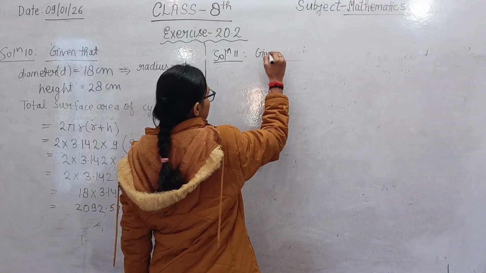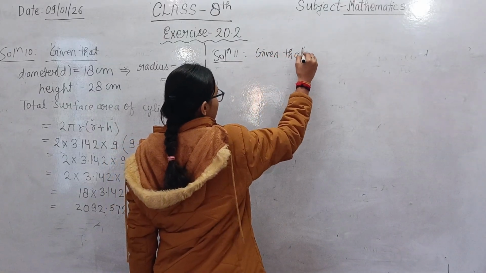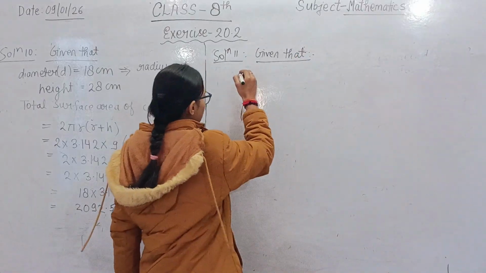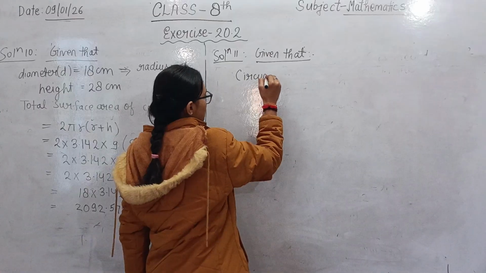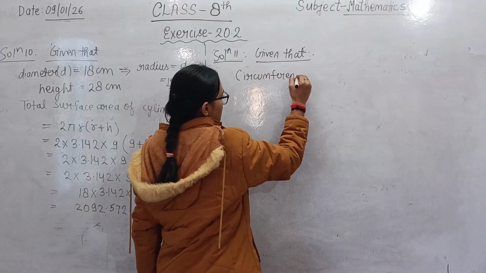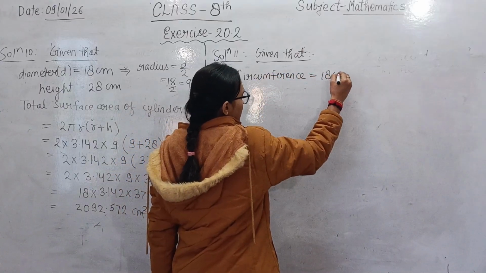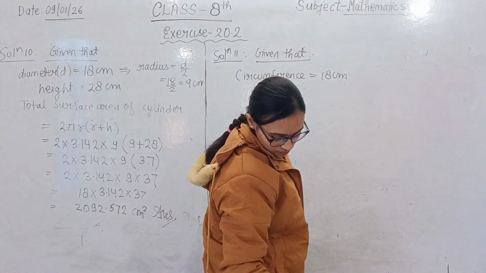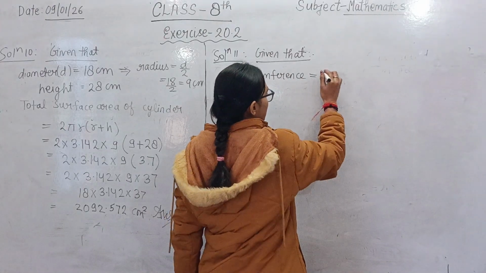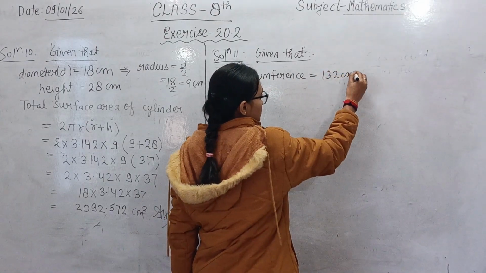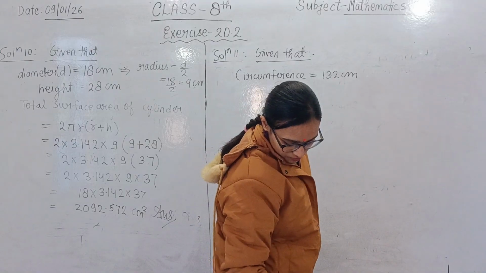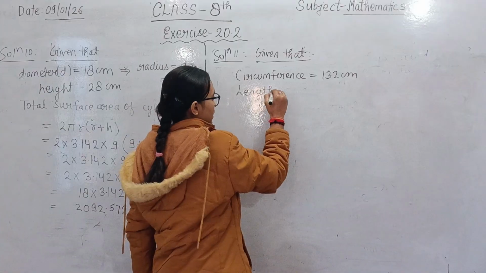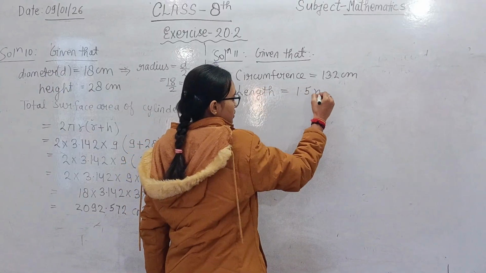So, given that circumference is equals to 132 centimeter, and length is given as, length means height, given as 1.5 meter.